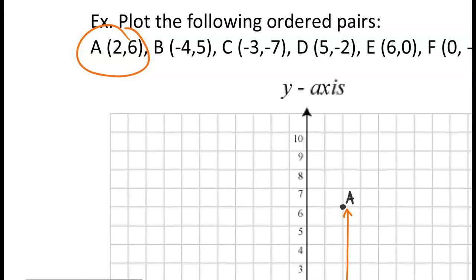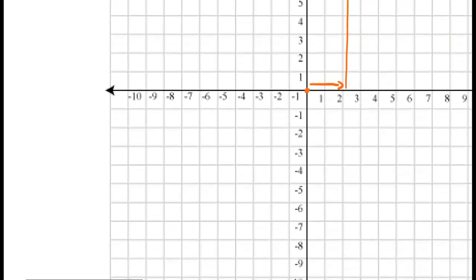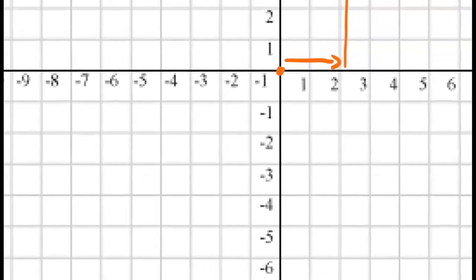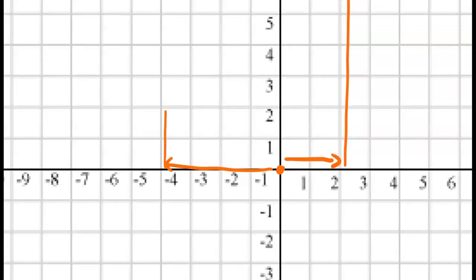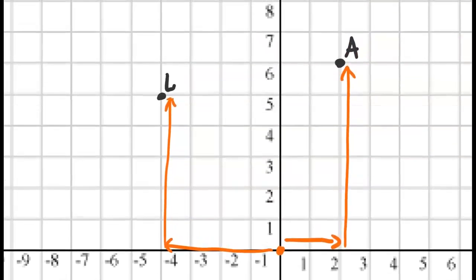Looking at our next point, point B. B is (-4, 5). First thing you do, find your origin, and we move over -4, and we have a 5 for a y value, so we move up 5, and we'll plot our point right there for B.